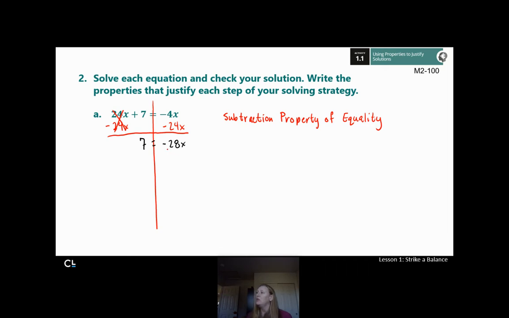So we undo multiplication with division. We'll divide by negative 28. But if you do it to one side, you must do it to the other, which means you know what property we just used, right? I just divided on both sides. This is the division property of equality.